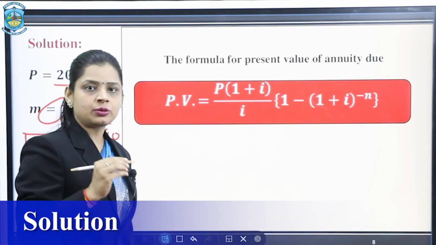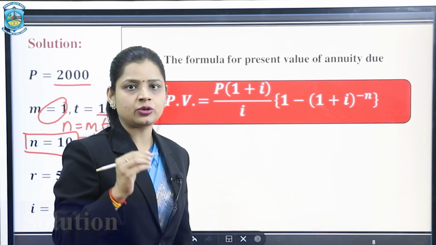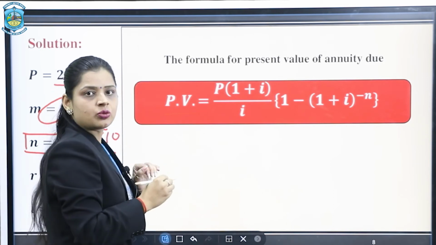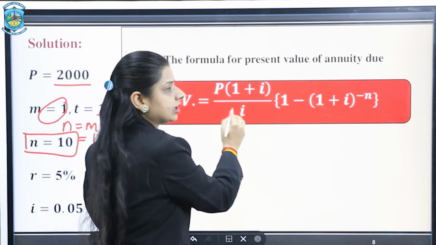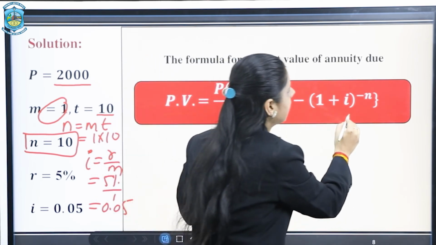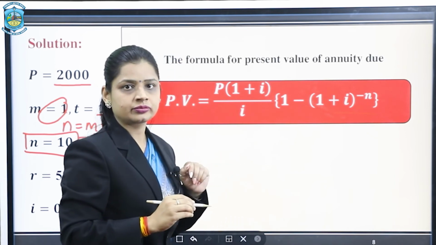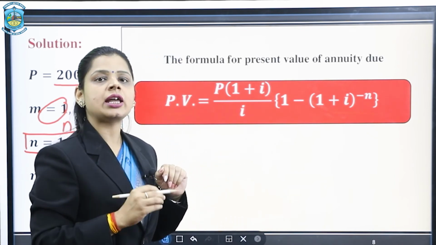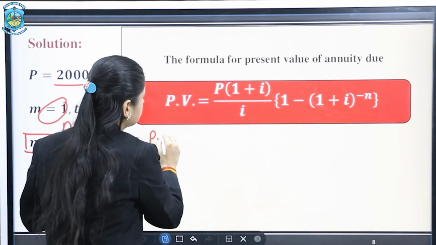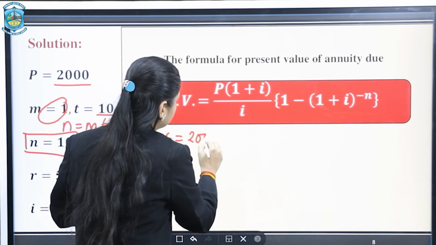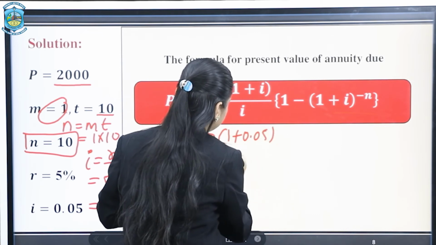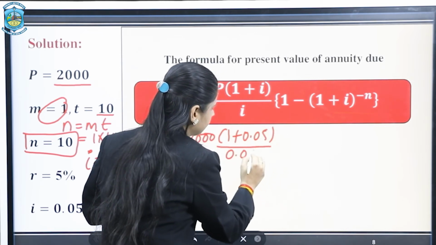Now we'll use the formula to calculate present value of annuity due, and it is given by PV is equal to P of 1 plus I by I multiplied with 1 minus 1 plus I to the power minus N. And we will substitute the value of P, I and N. Then we'll get the present value as 2000, 1 plus 0.05 divided by 0.05.